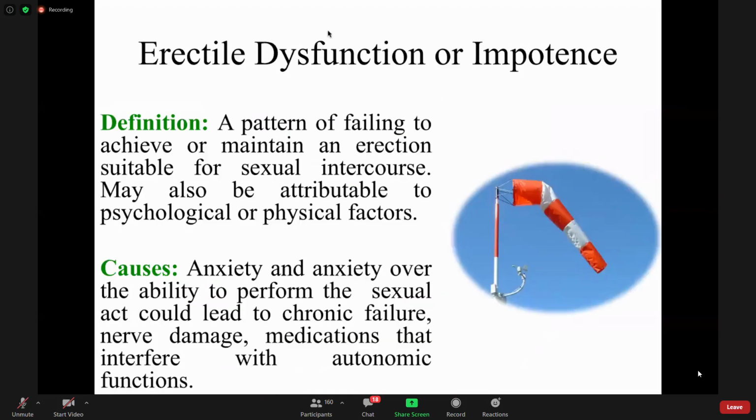Now, in the occasion that we do have erectile dysfunction, or impotence as it's being called, this could be driven by 2 different factors.